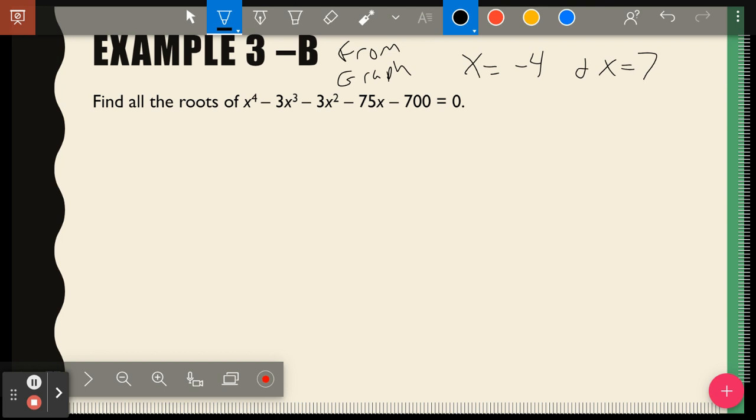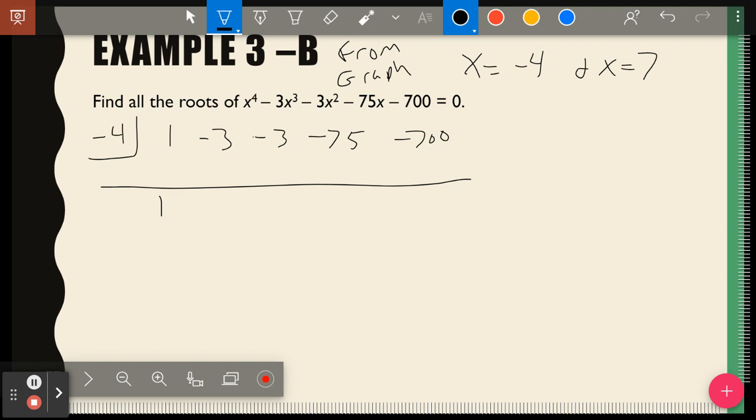It does not matter which one you start with. I'm going to start with negative 4, but you could start with 7. So negative 4 goes in the box. And then I go 1, negative 3, negative 3, negative 75, negative 700.